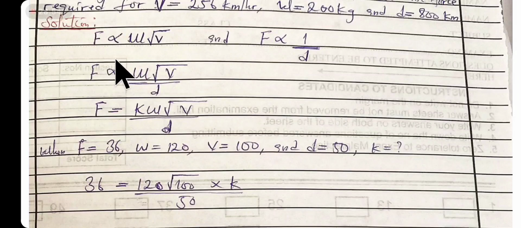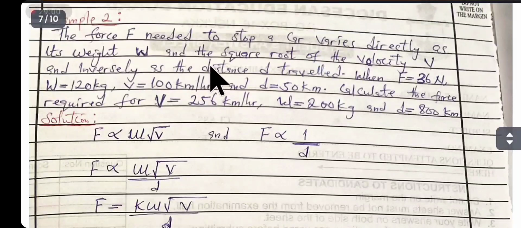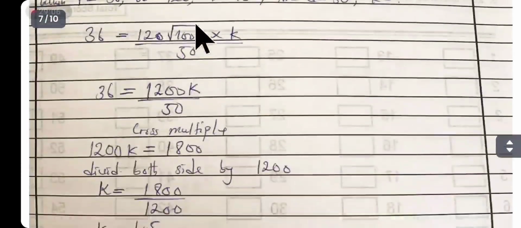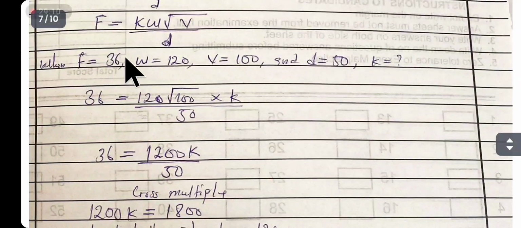Because we have removed the sign of proportionality. So from the first statement in the question, they give us values that we can use to find our K. So these are the values that I brought forward: F is 36, W is 120, V is 100, and D is 50.